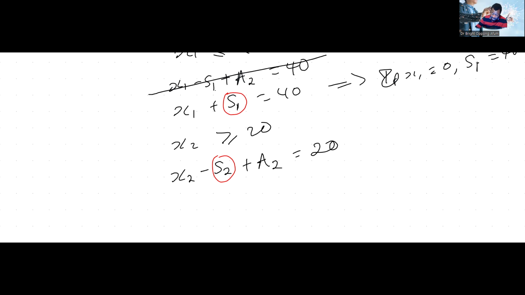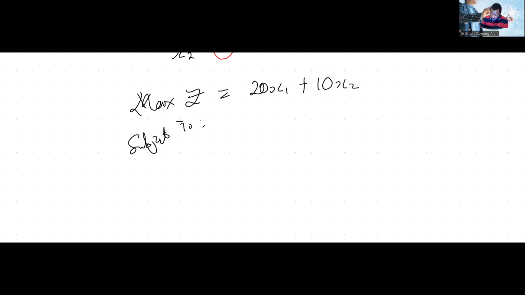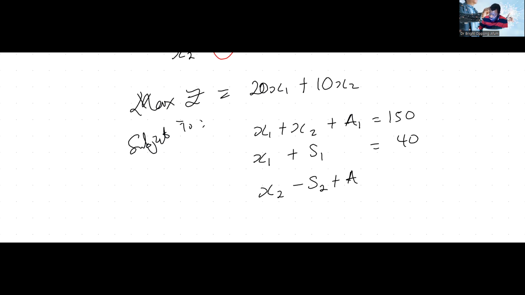All right. So what this means is that our new model, the transformed form, is 20x1 plus 10x2, subject to x1 plus x2 plus a1 is equal to 150, x1 plus s1 is equal to 40, x2 minus s2 plus a2 is equal to 20.